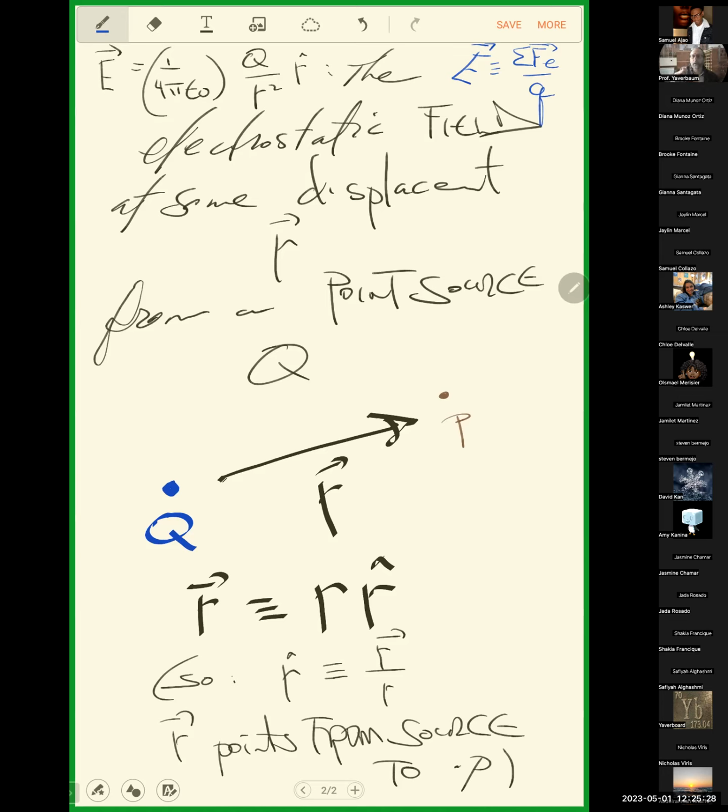So field is force per charge. If force is what a capital Q1 would do to a lowercase q2, if a force is an interaction between 2 points of Q, right, and it's measured in newtons, then a field is not measured in newtons, it's measured in newtons per coulomb.